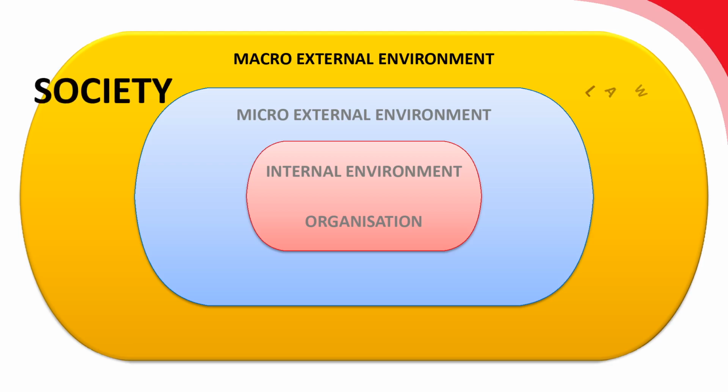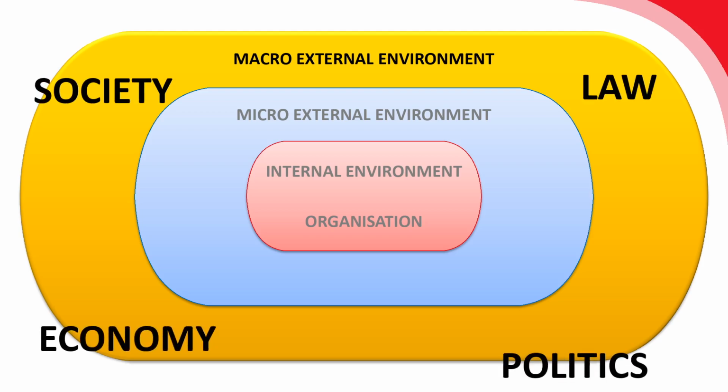So we have things like broader society and social trends, economic factors, political influences, and legal and regulatory factors as well. All of these are important, and they do form part of the broader external environment, but they're not just outside the organization, they are further away if we're thinking in terms of distance.